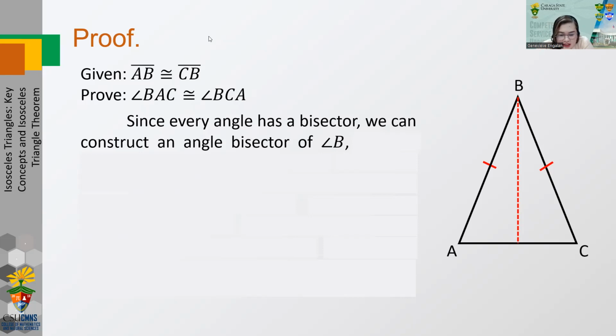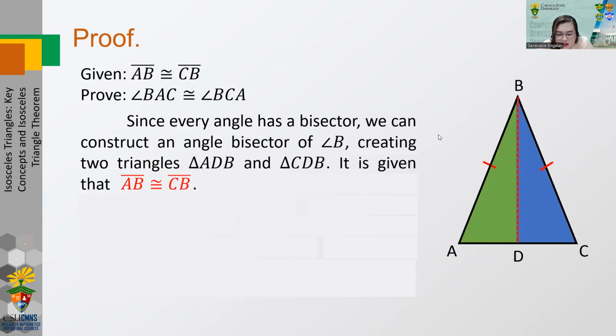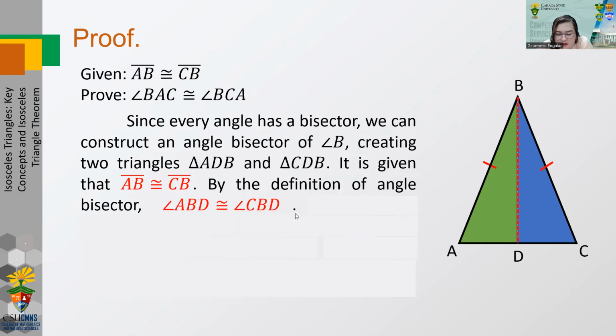Ang idea? Okay. So creating two triangles, triangle ADB and triangle CDB. It is given that the side AB is congruent to side CB, or line segment AB is congruent to line segment CB. Okay, by definition of the angle bisector, we have angle ABD is congruent to angle CBD.